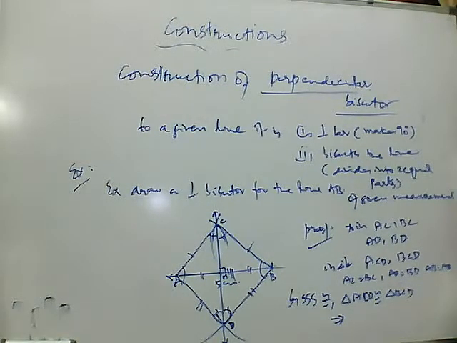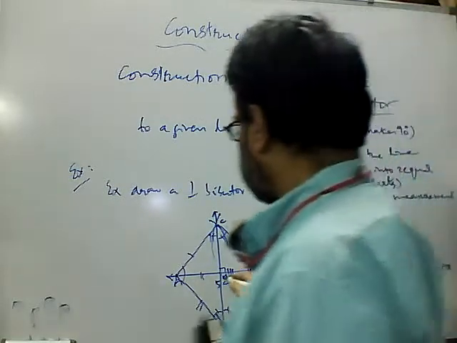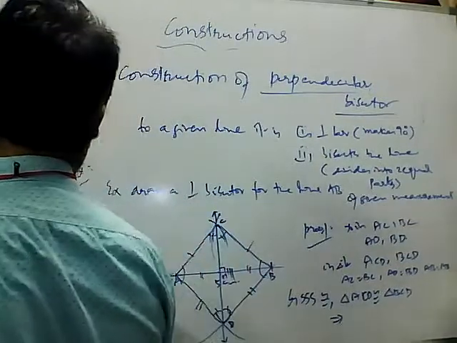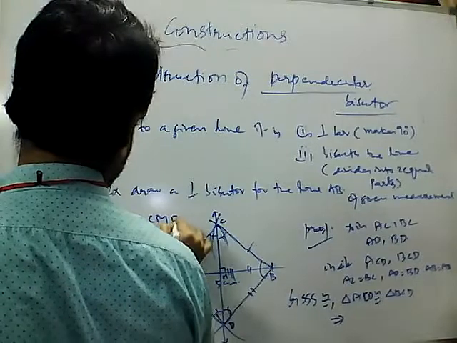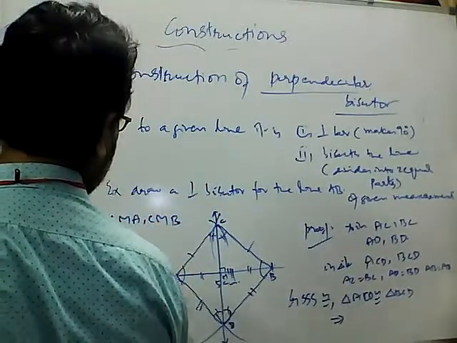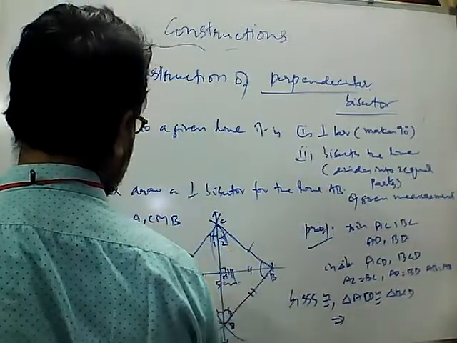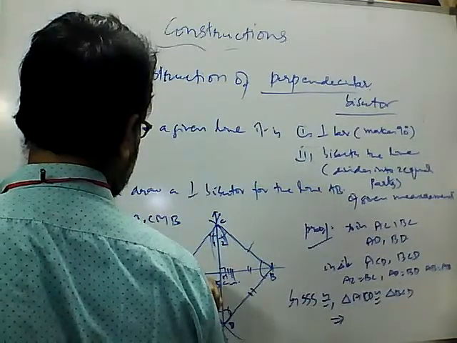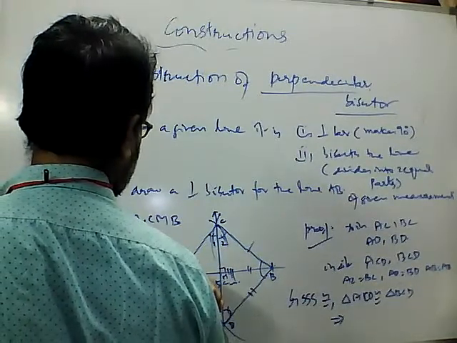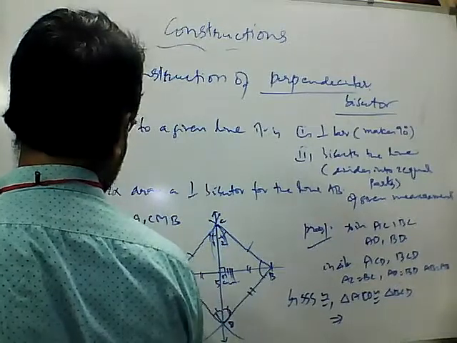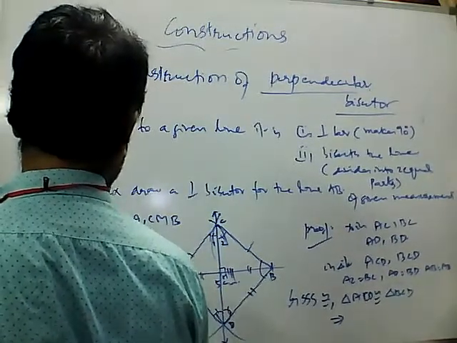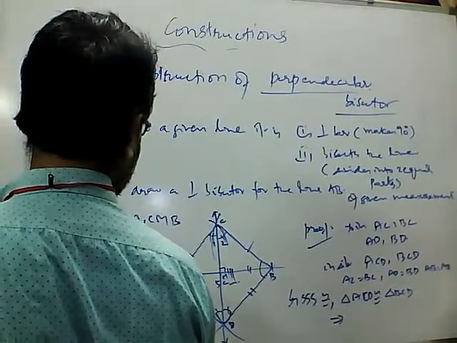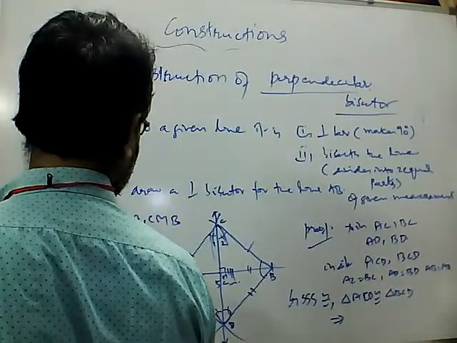Now we take here, name these two triangles CMA and CMB. In triangles CMA and CMB, here angle 1 is equal to angle 2. CA is equal to CB, angle 1 is equal to angle 2, right?